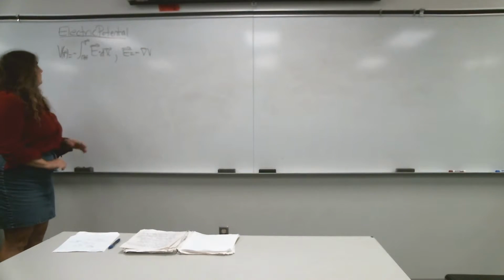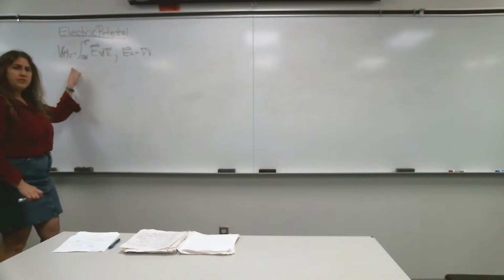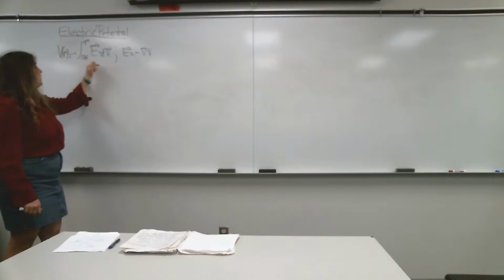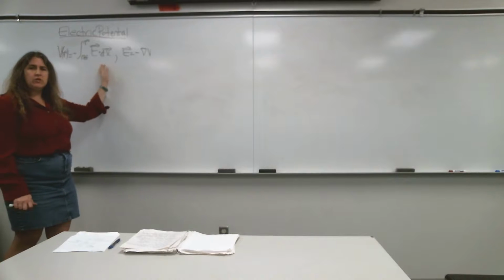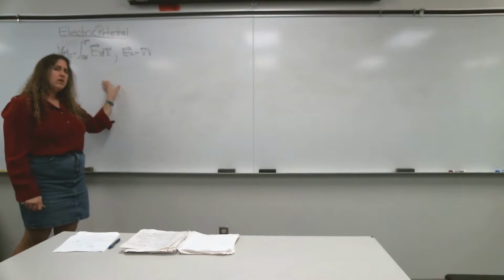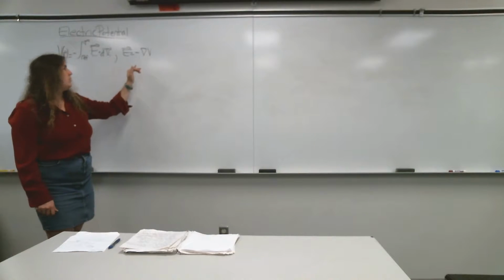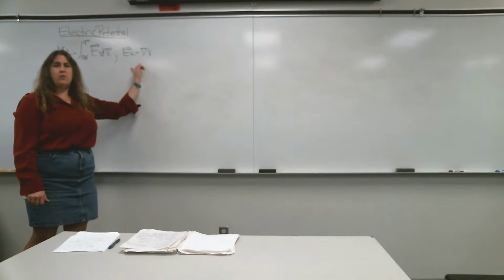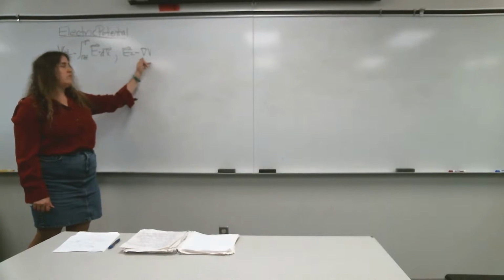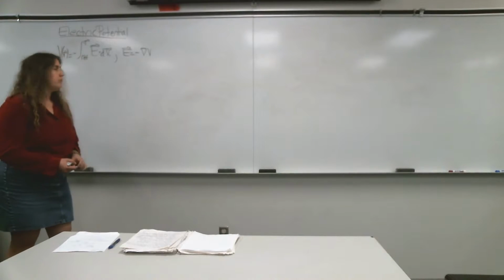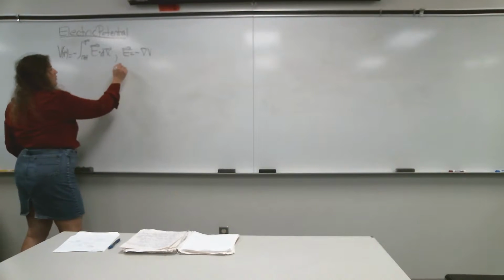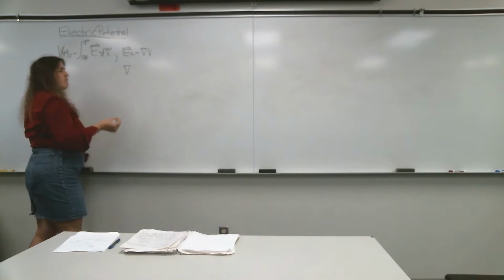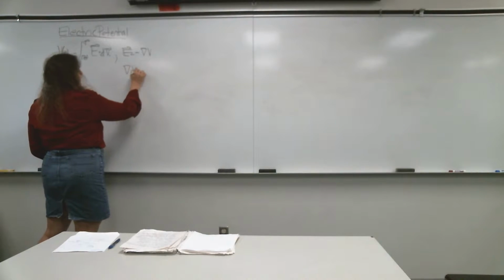Let me write my two equations over here. Again, your potential is defined as minus the line integral of the electric field from some reference point to some arbitrary observation point. And the electric field can also be deduced from the potential by this expression. It's just equal to minus the gradient of the potential. And just as a reminder, the gradient in Cartesian coordinates just has this form.